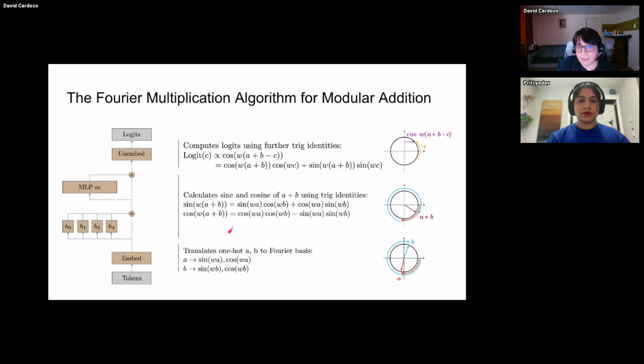They use some trig identities, then they do some multiplication, and then some voodoo magic, what I call a complicated trigonometry identity, to get the logits. But this is something I wanted to show you: we took an LLM and were able to figure out the source code of what it was doing when learning how to sum two numbers and do the 113 modulo operation.